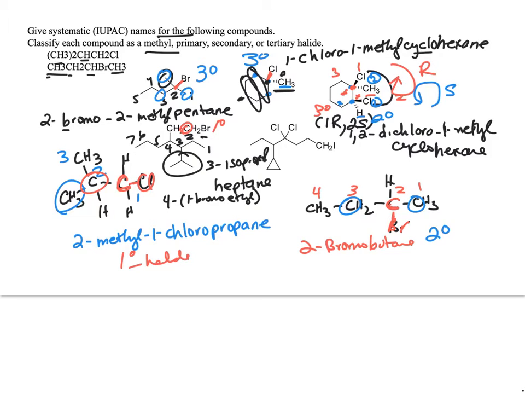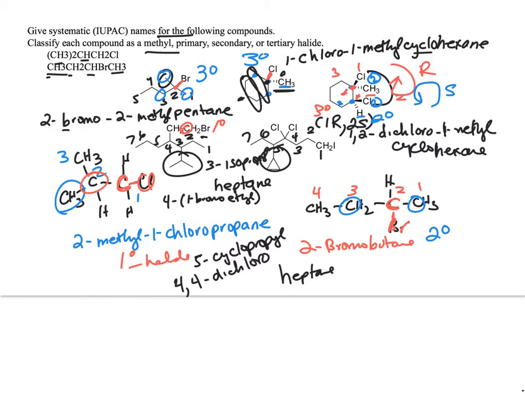Okay, the next one here we have 1, 2, 3, 4, 5, 6, 7. 7 is heptane again. And this is off the 5, so that'd be 5-cyclopropyl. And this would be 4,4-dichloro.